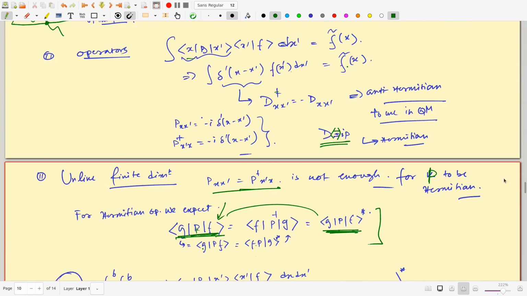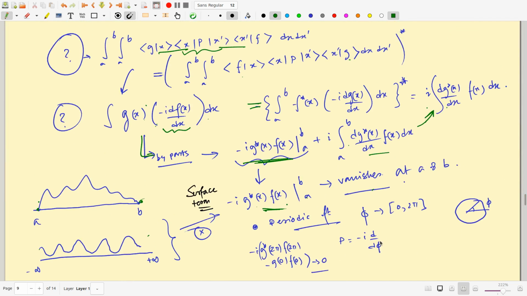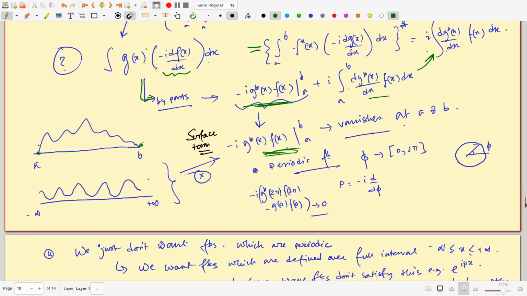Then this function at the points 0 and 2 pi, since they are the same, this subtraction also goes to 0. So even if the function itself is not vanishing at 0 and 2 pi, the surface term is vanishing. So in such a case it is not a problem.